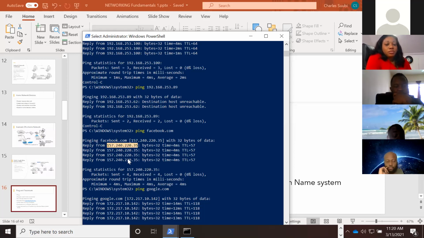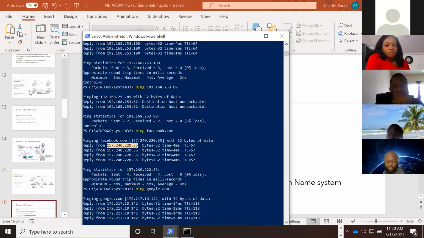I think probably based on the lectures from last week. So this is where a DNS server comes in. We as humans understand facebook.com, but computers don't understand facebook.com.